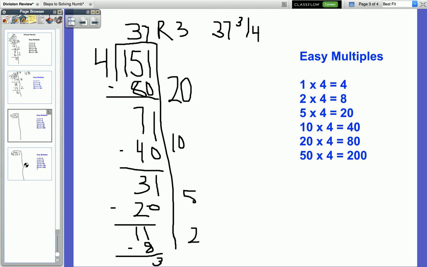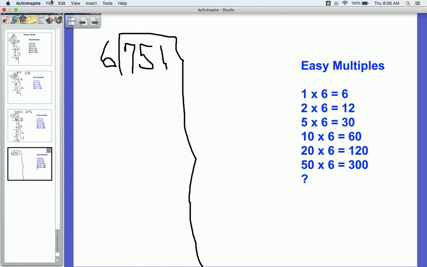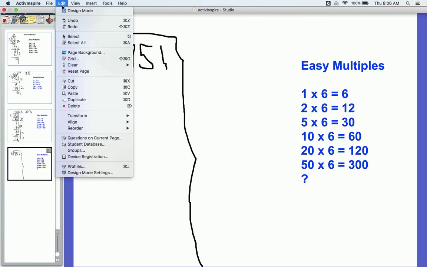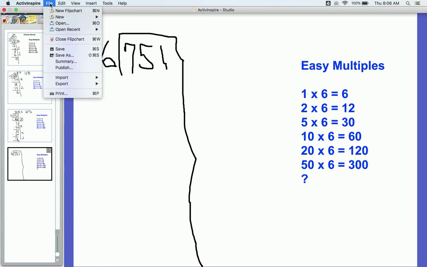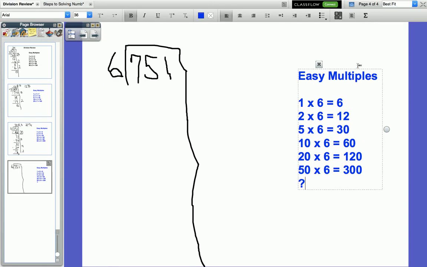Okay, one last problem. 751 divided by 6. So I've got my easy multiples here, and as you can see, I've got up to 300, but this is 751, so I want to try to get as close as I can.